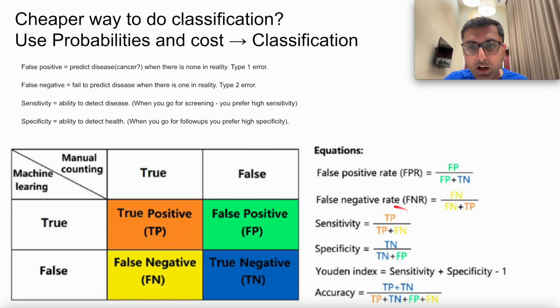Specificity is the ability to detect health, and sensitivity is the ability to detect disease. But if you see, these are all connected. So we saw the false positive rate, which is false positives, and then false negatives. The sensitivity is true positive over true positive plus false negative. And specificity is true negative over true negative plus false positive. And then there's this index that we can use, the Youden index, which is sensitivity plus specificity minus 1.